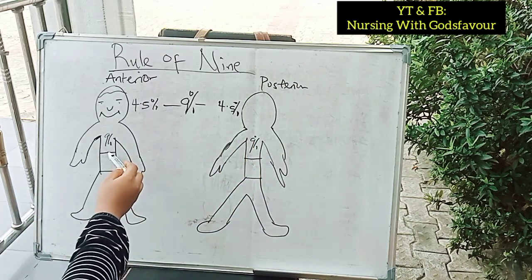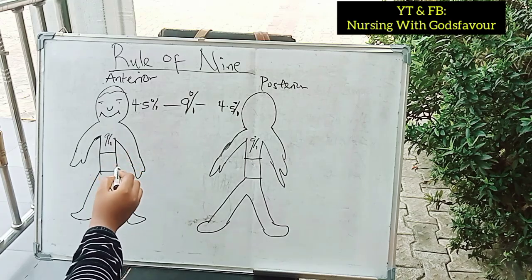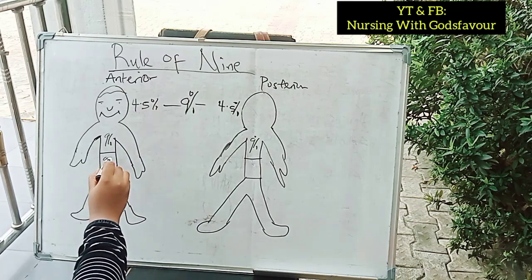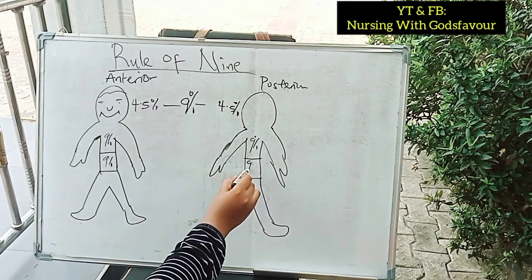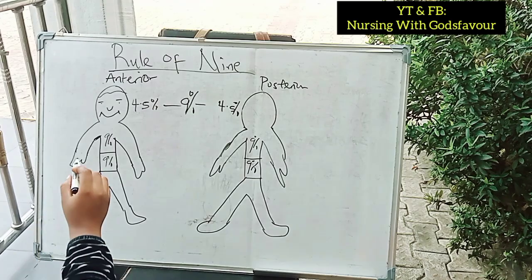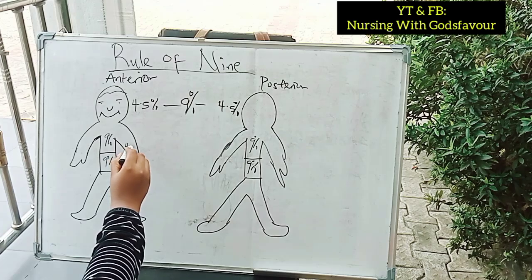Then from the trunk to the waist area, to the hip bone, is 9%. Then the hands: the anterior part of each hand is 4.5%.